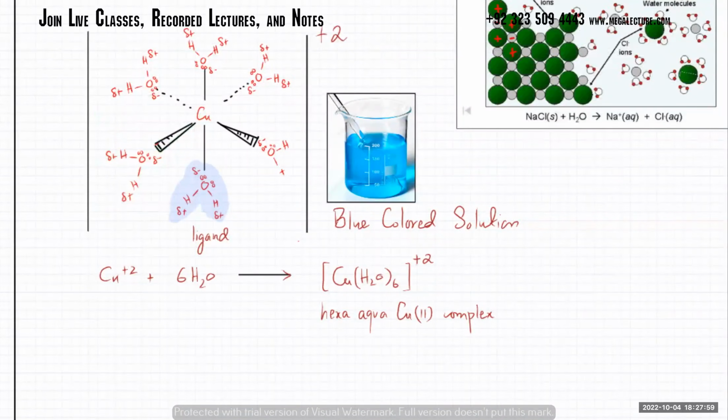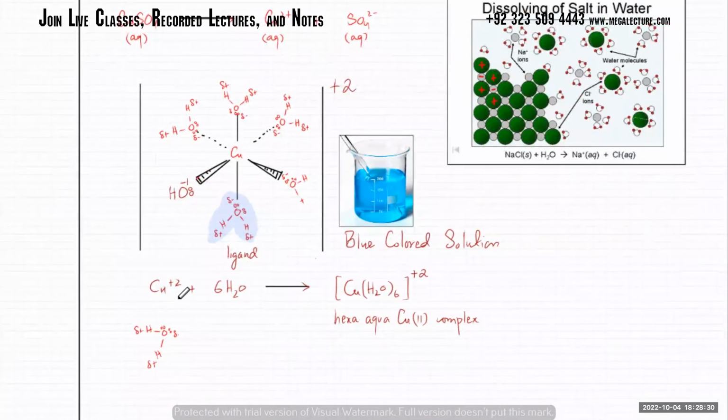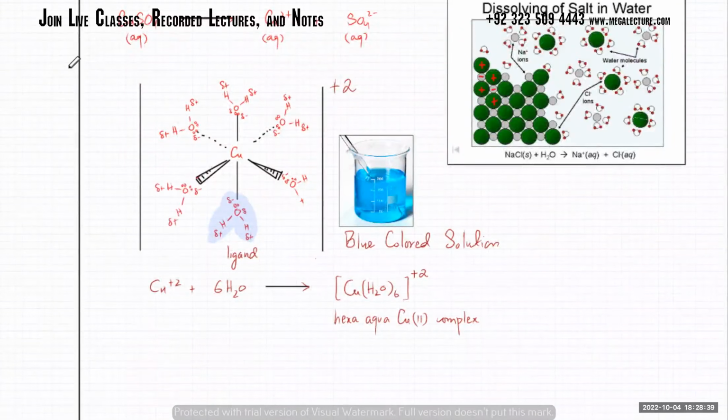This water molecule over here will be knocked out if you add some other ligand. For example, if I add OH minus, then the OH minus is going to come in and knock out these water molecules. That concept is known as ligand exchange.